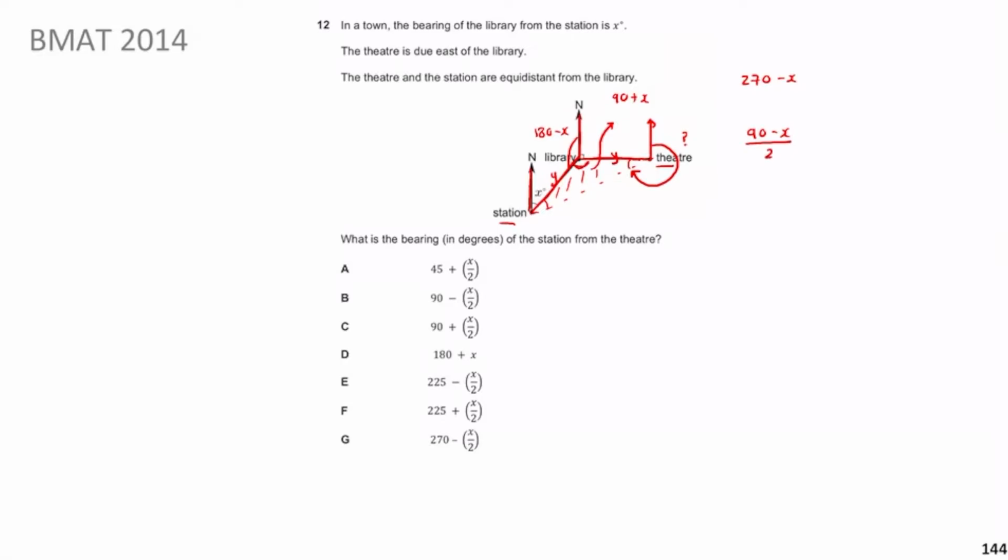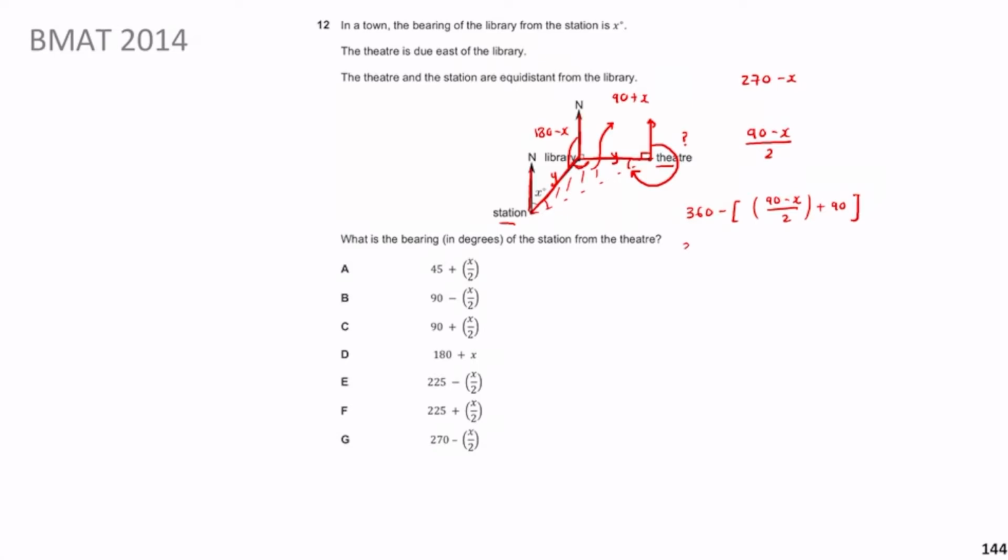And to work out what the question mark is, it's a circle, so you have 360 minus (90 minus X) over 2, that's this, and also this 90 degrees that you have here. So plus that 90 degrees, and that should give you what the question mark is.